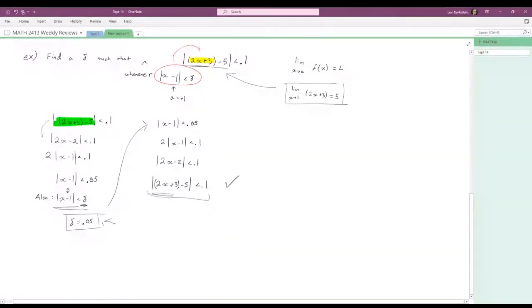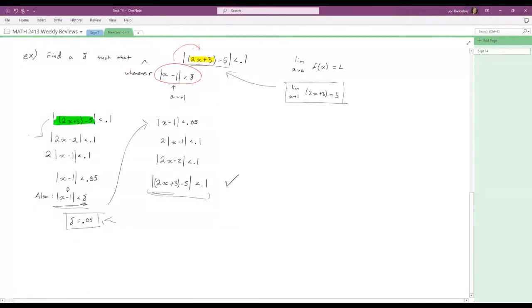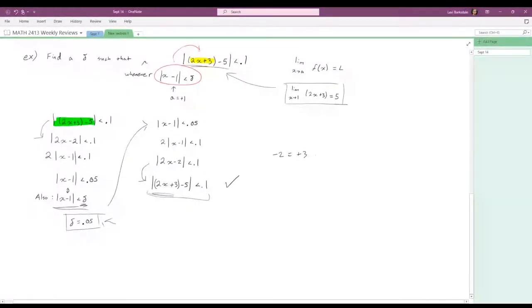So to get from here to here, I combine the +3 and -5. To get from 2x minus 2, it's almost like I uncombine them, so I split -2 into +3 and -5. Make sense? So it's almost like I just use the hint when working forward to know what I should do when working backward.